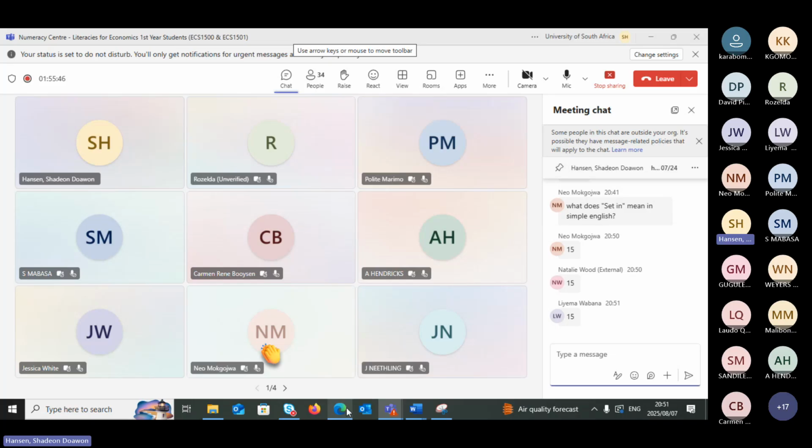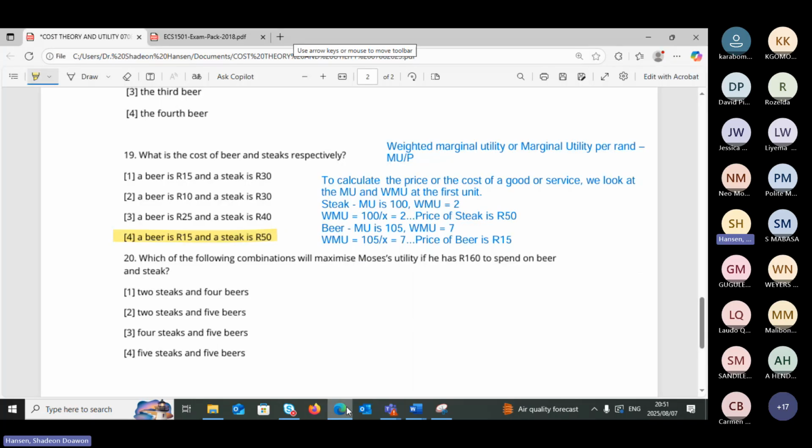All right. Now let's look at number 20. This is very, very important, students. It says, which of the following combinations will maximize Moses' utility if he has 160 to spend on beer?